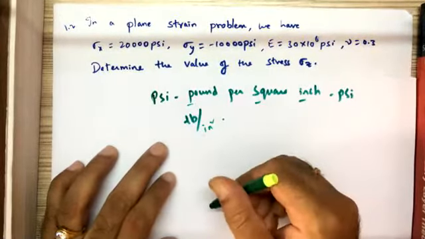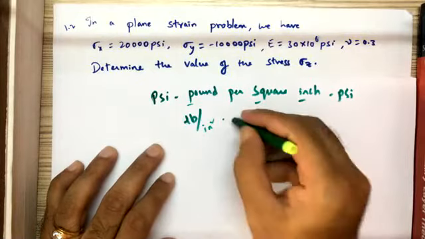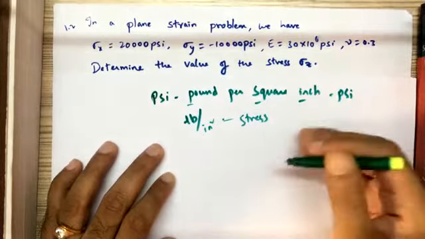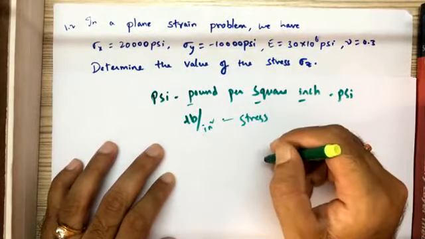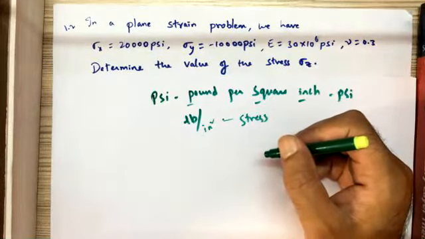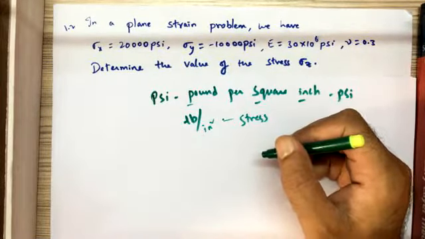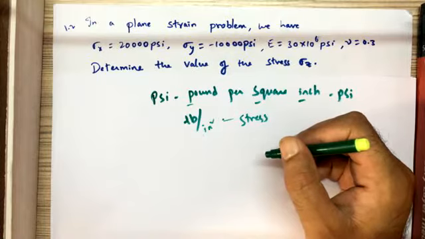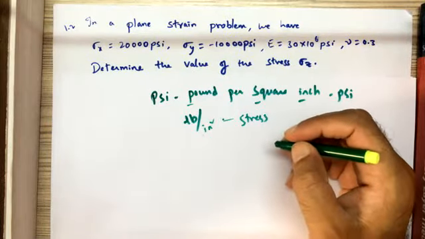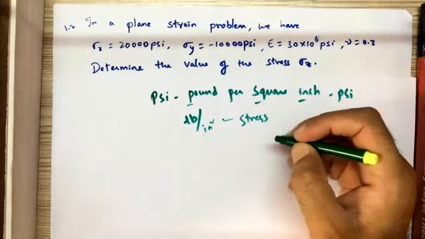Pound per square inch. This is normally the stress or pressure. So this is the FPS unit actually. This is not the SI unit. But in some engineering applications, we represent the pressures or stresses in this particular notation, PSI, right?